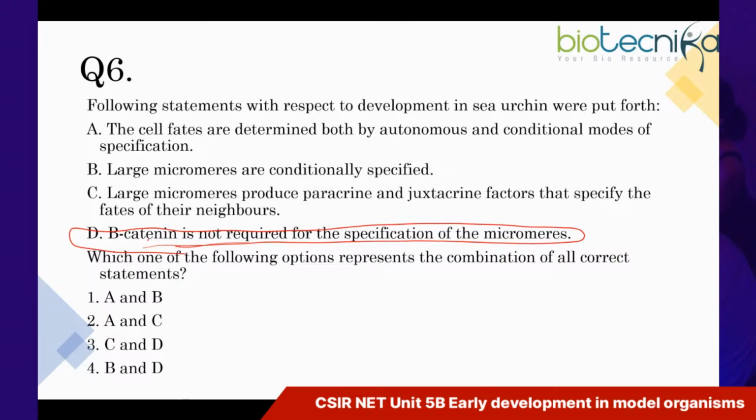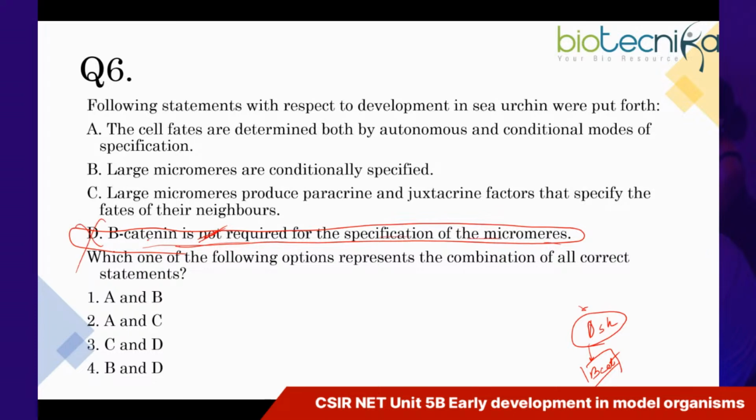You might get confused by WNT signaling, but it is because of the DSH which is present in the micromeres already. That's why the beta-catenin is free. Yes, DSH is generally activated by WNT signaling, but the DSH here is already present. Remember we studied it is already present in the vegetal cortex. I hope you got it now. So beta-catenin is very much required for specification of micromeres.